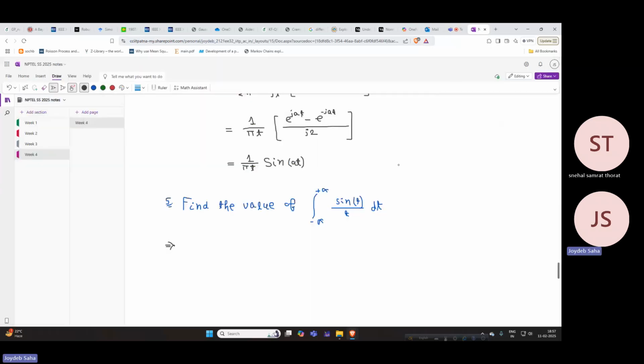Okay, it was muted. You try to solve. You take 2-3 minutes and try to solve. How can we get the answer using Fourier transform?